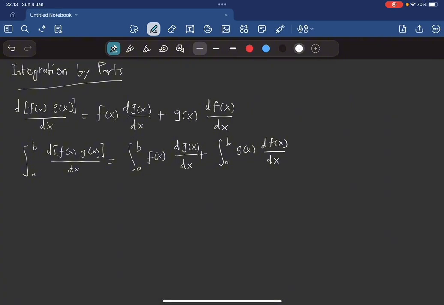The left side of the equation is easy. The integral of a derivative, the derivative of f times g, is just the function itself.